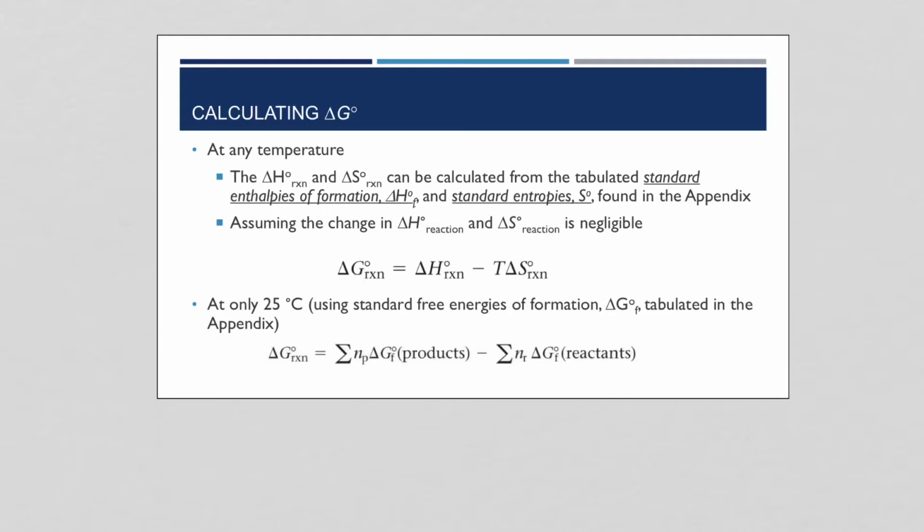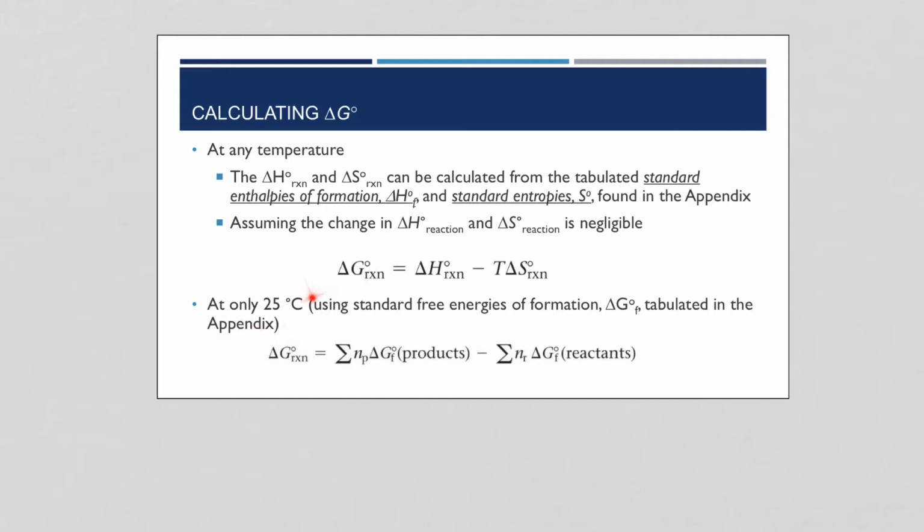And we can calculate the change in free energy for the reaction under standard conditions at 25 degrees using our now familiar products minus reactants equation that we've used to calculate both delta H of reaction and delta S of reaction previously.